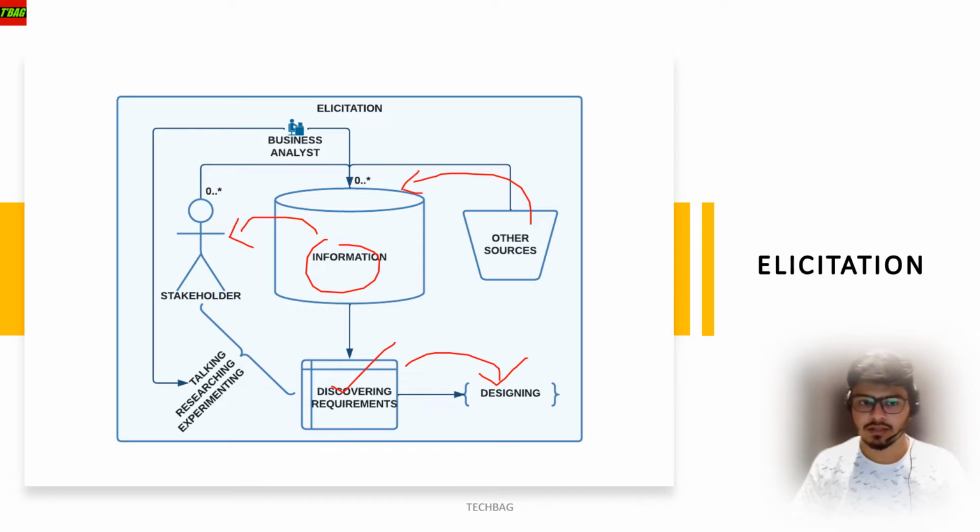The business analyst would obtain information from stakeholders by talking to them, by researching, or by doing experiments, and the same from other sources. So elicitation activity is completely around the stakeholders, where the information is brought, converted into requirements, and then the requirements are converted to design. So that's all about elicitation.